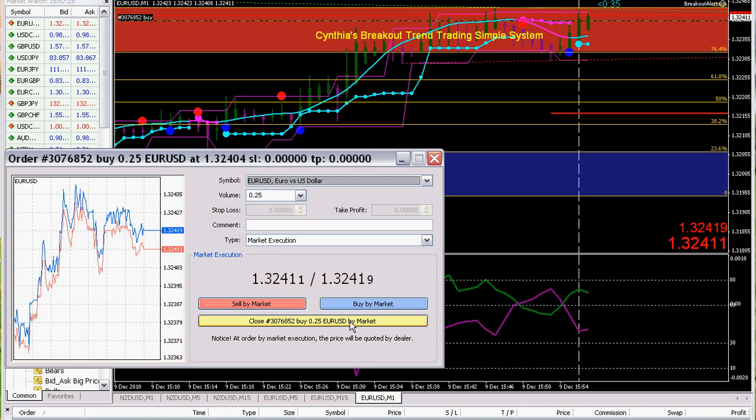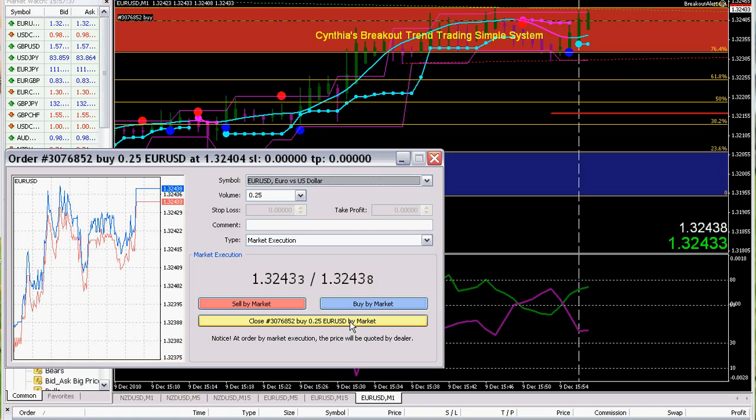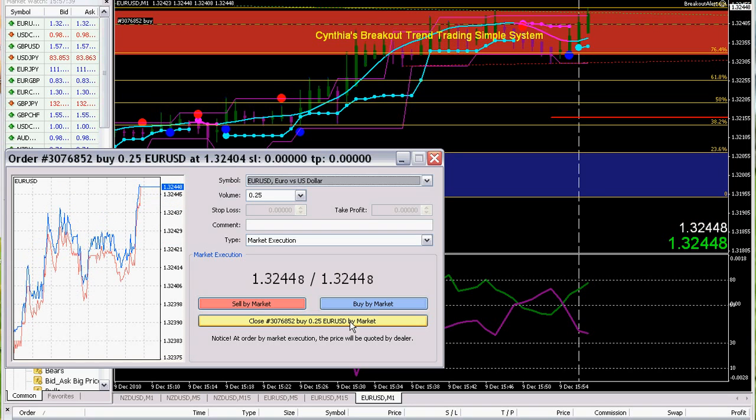So you can get something, but we're banging up against the resistance here. This is not going to be a good example of a good trade, but we might get lucky. One of these times it might break above that resistance.